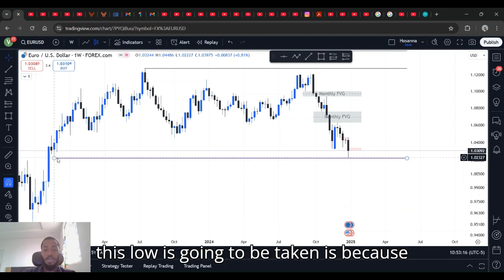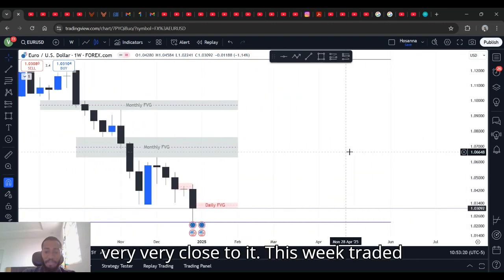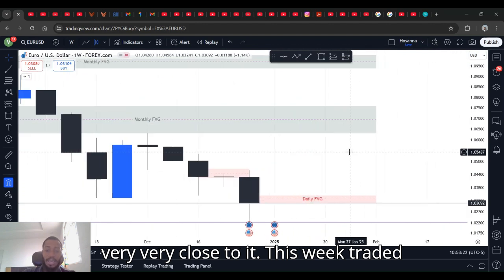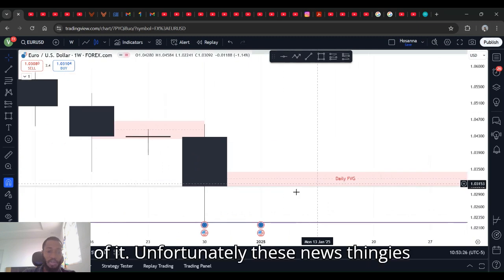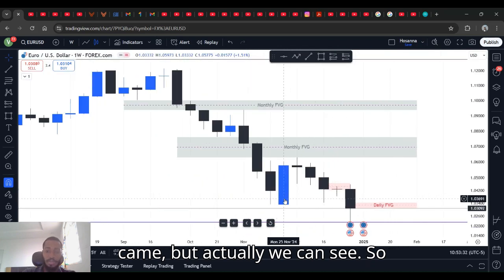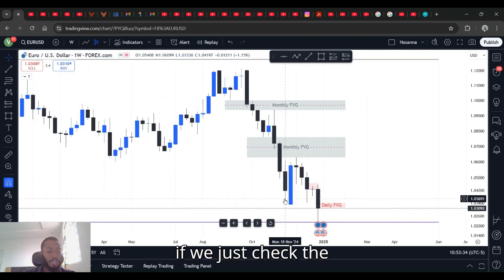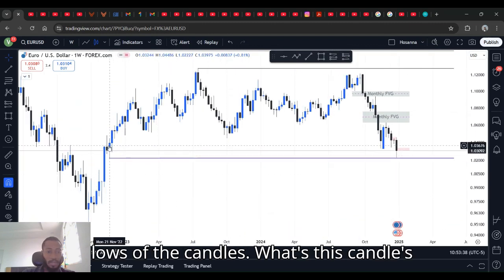Now, why do I think this low is going to be taken? Because this week traded very, very close to it. This week traded within 2 pips, about a pipette of it. Unfortunately, the news items are not going to let us see how close it came, but actually we can see. So if we just check the lows of the candles. What's this candle's low?